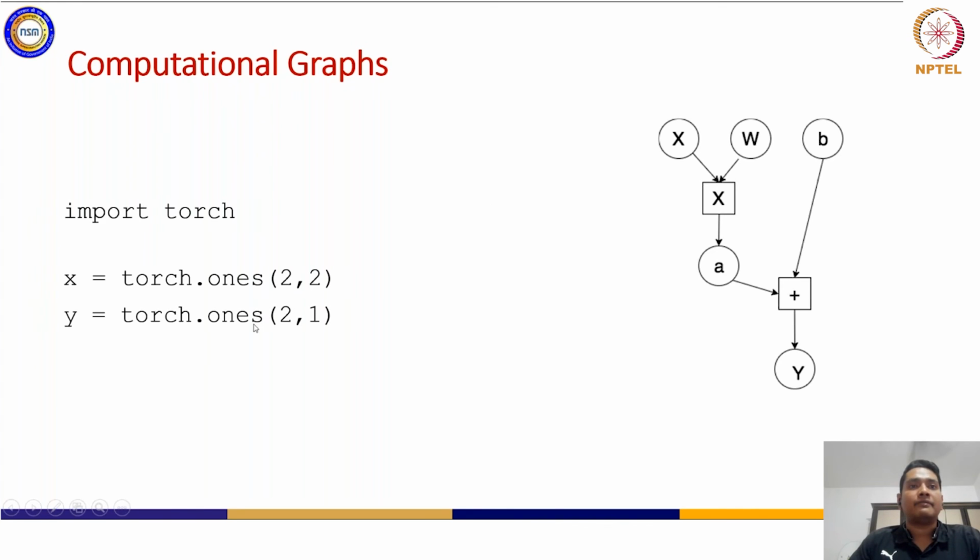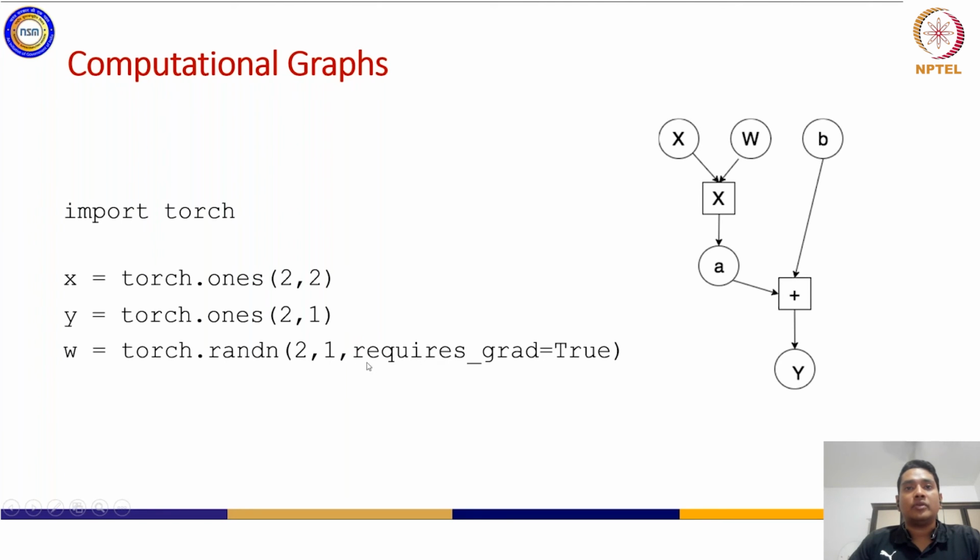Now we have Y as the outputs. This we are also initializing as 2 by 1. And the value for the parameters, we define it as torch.rand with 2 by 1, and we set the requires_grad flag to true.